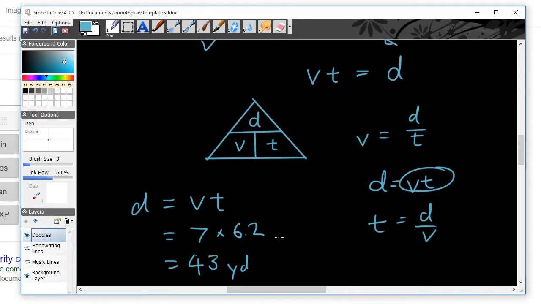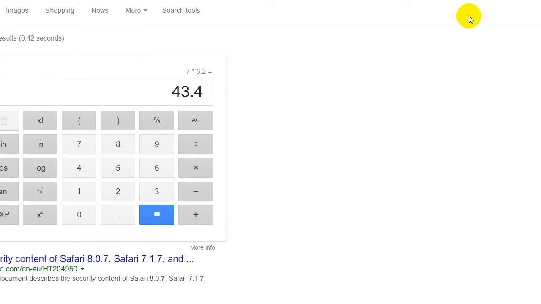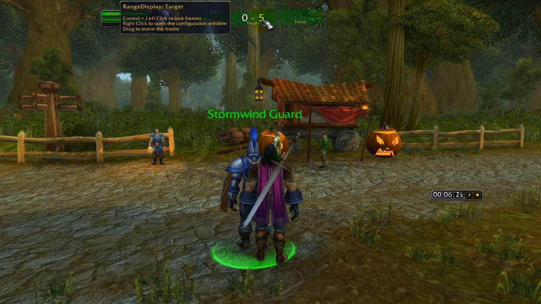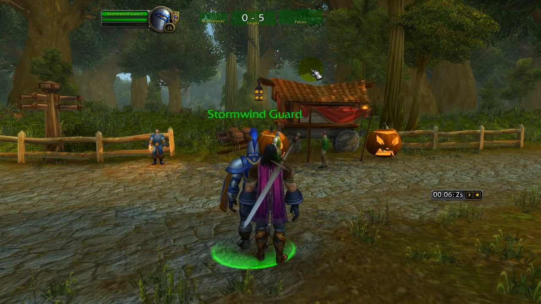Well, keep in mind there are human errors when I'm clicking the stopwatch, and it's also very hard to get an exact range to the target using my add-on, because World of Warcraft doesn't like letting you know exactly how far away you're standing from someone.